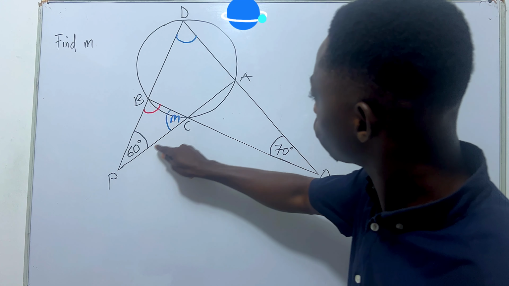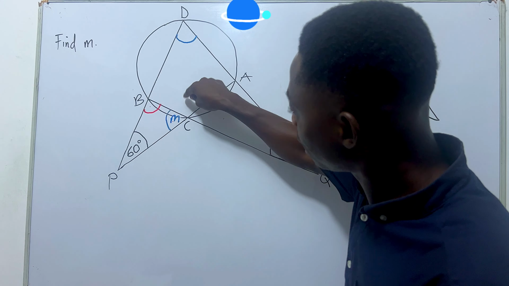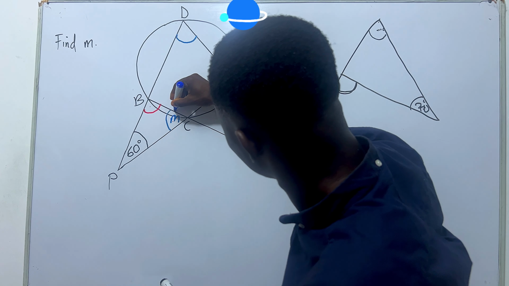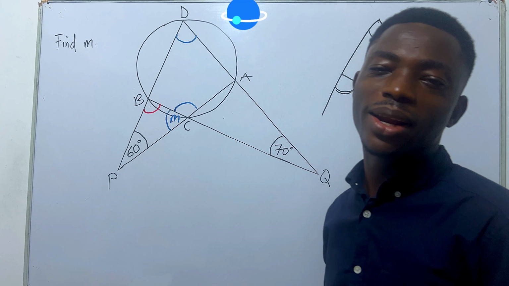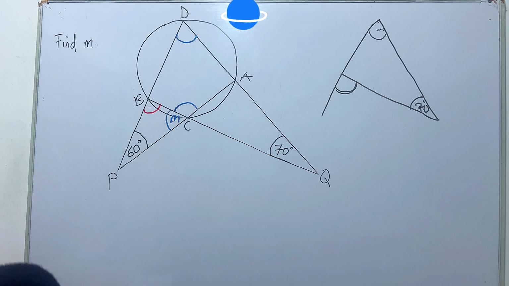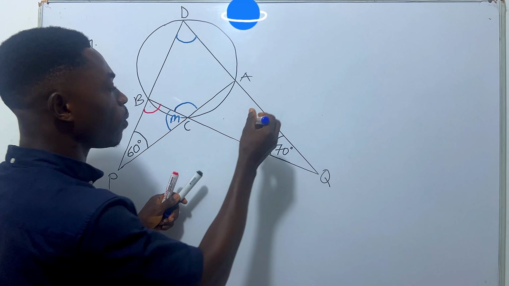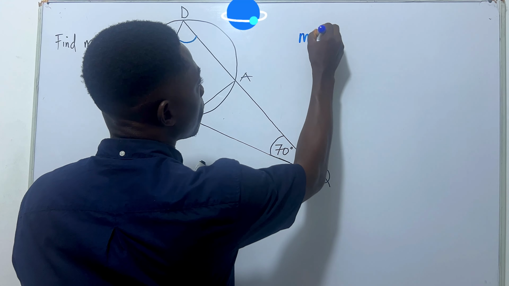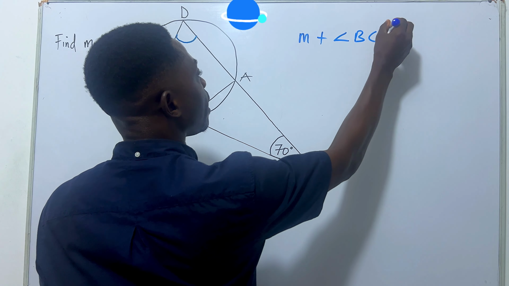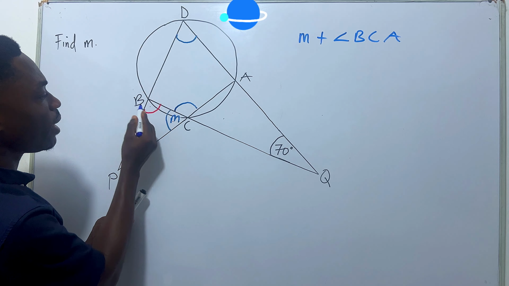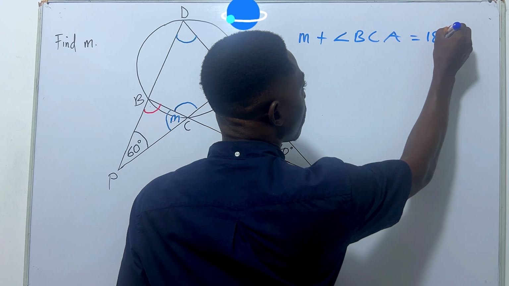Now let's look at this straight line. The angle right here, which is M, the value we are looking for, and this angle over here are angles on a straight line, and they sum up to 180 degrees, right? So quickly, let's consider that first. Now we know that M, this angle right here, plus angle BCA, meaning this angle over here, should give us 180 degrees.